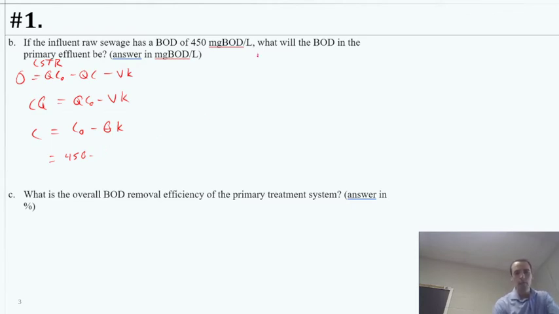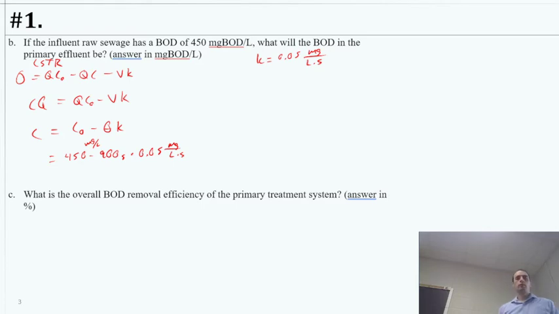because our K was 0.05 milligrams per liter per second. So if we want an answer in milligrams per liter, we should use the 900 seconds here. You can go ahead and note that's milligrams per liter. So we have 900 seconds times 0.05 milligrams per liter per second.